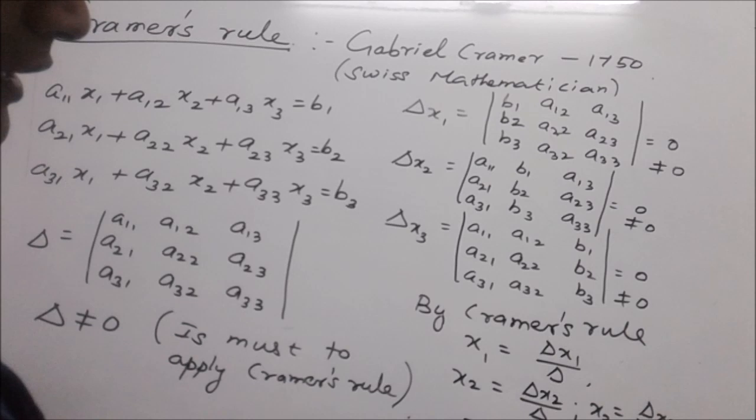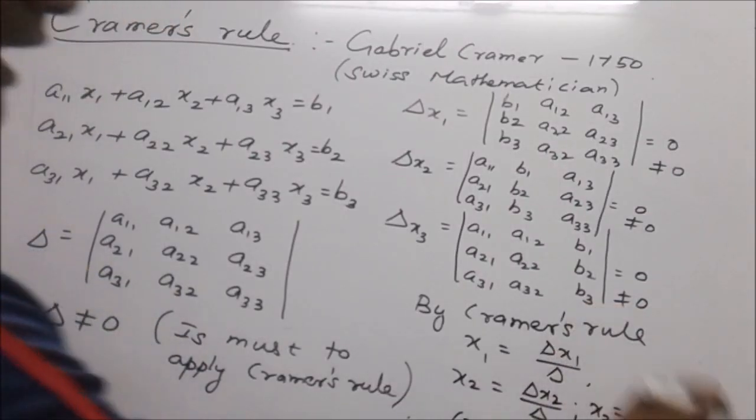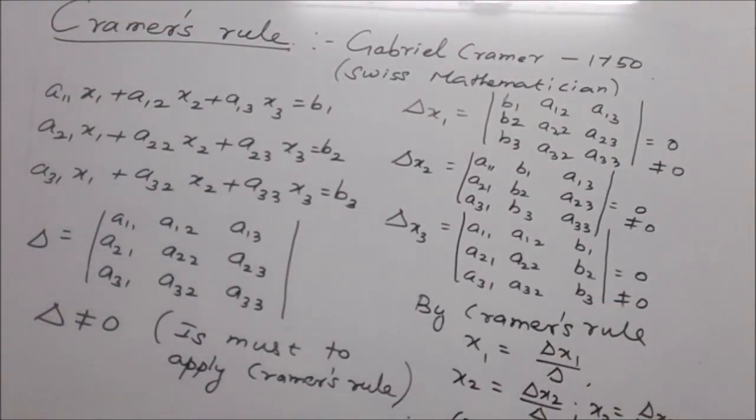So the solution x1, x2, x3 will be the values arrived at. This is the method to apply Cramer's rule. How it works in Cramer's rule is clear here.